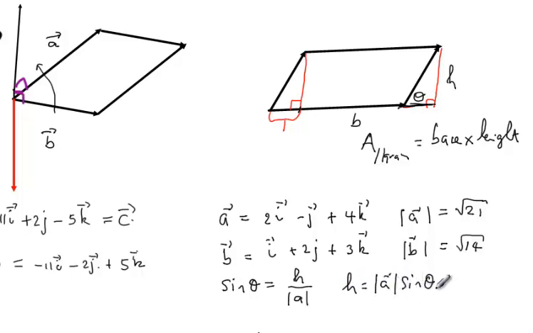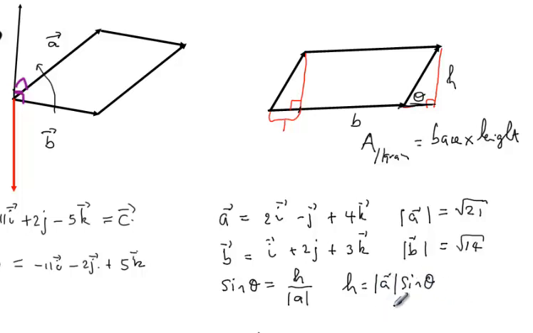But what is theta? Theta would be this angle, the angle between A and B, isn't it? So it can be calculated. Let's not worry about calculating this one, but just note that it can be calculated. You agree with that?